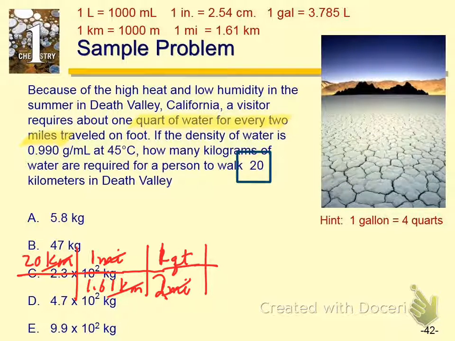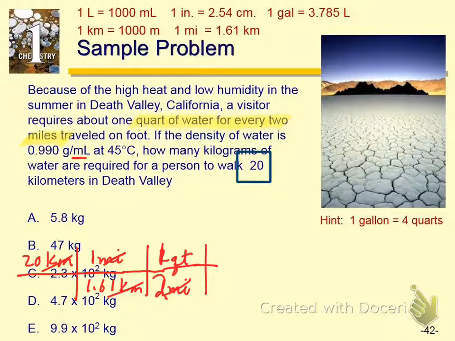Well, do we have any volume terms up in the problem here? Is there any volume mentioned other than the quarts? The milliliters. Density, 0.99 grams per milliliter.